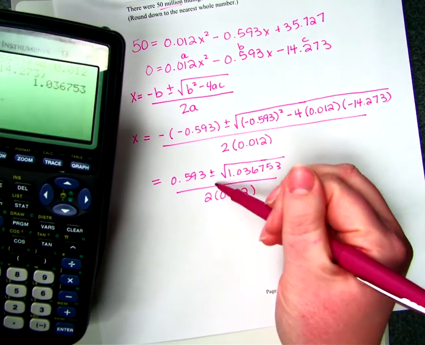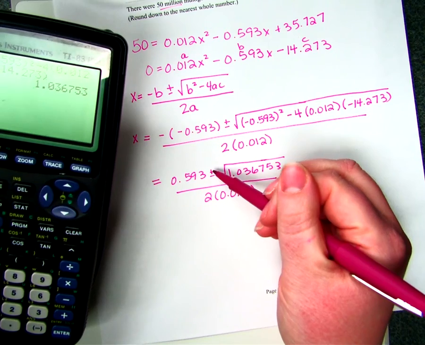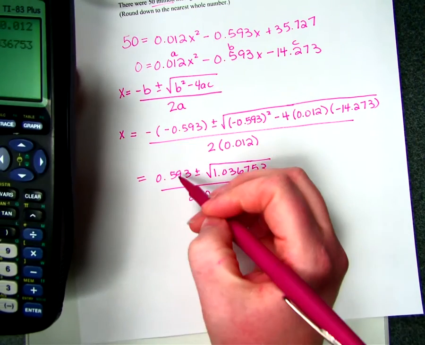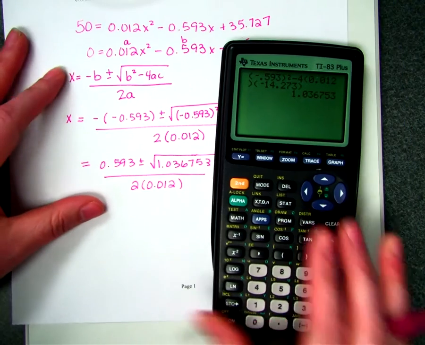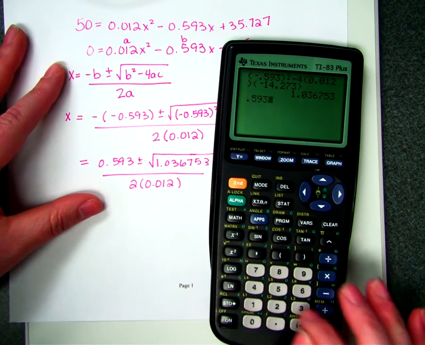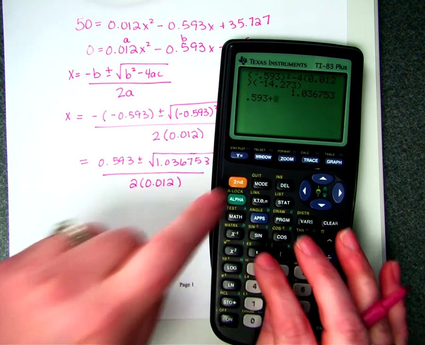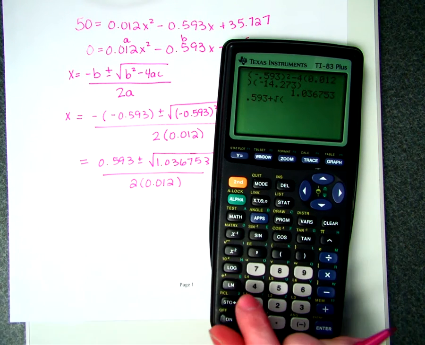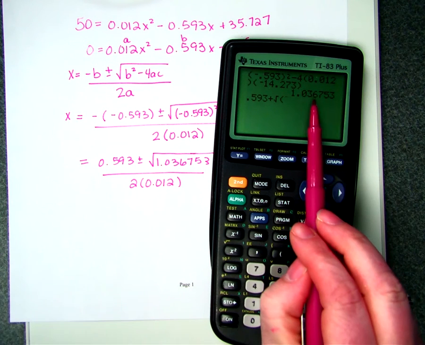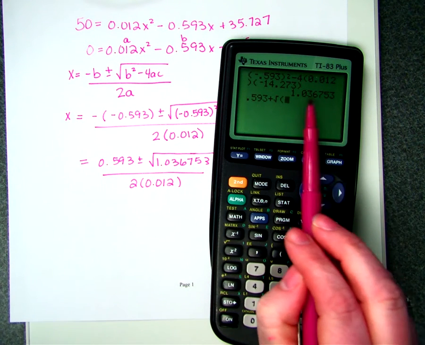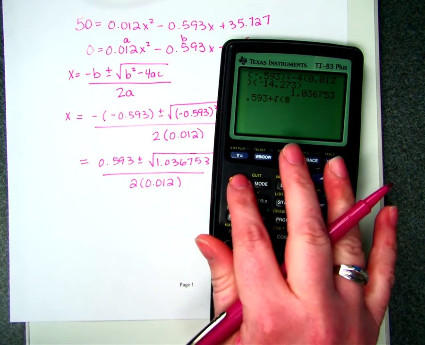So we have a plus and minus here. We have this as two separate answers. I'm going to start by evaluating the numerator for the plus. So in my calculator, I'm going to do 0.593 plus the square root. Your square root button is right there over the square. And that value that we just got for the stuff that was underneath the radical sign.